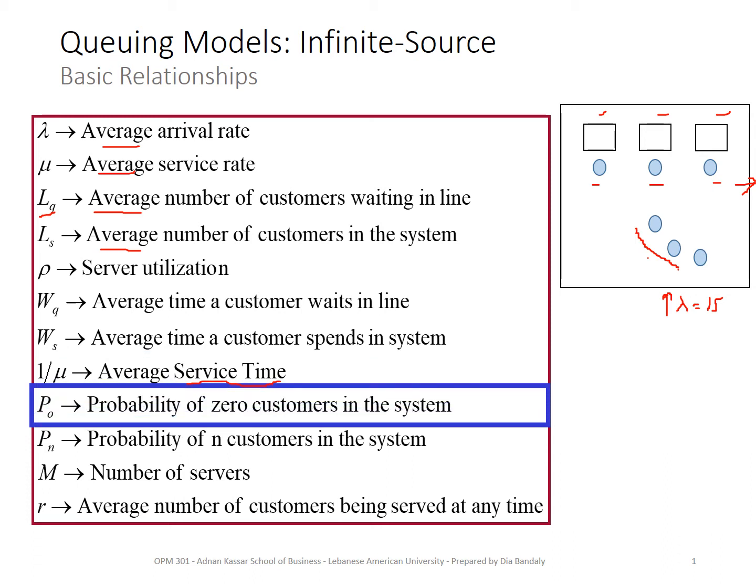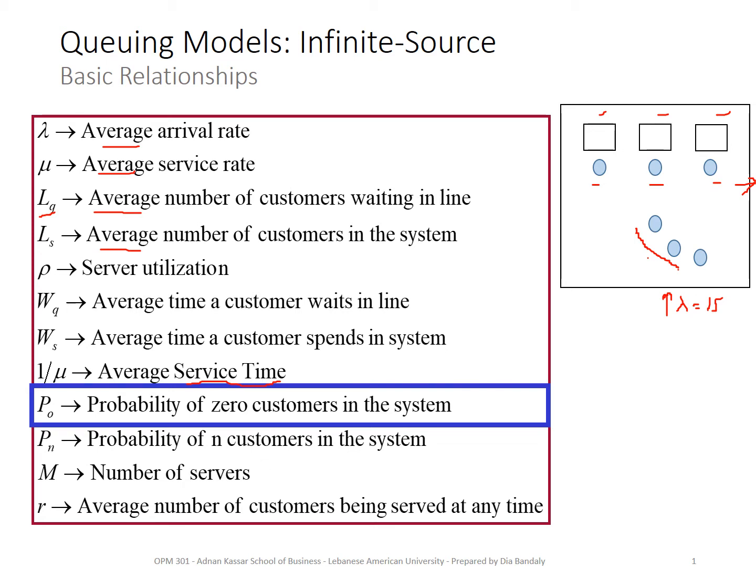P0, remember we said that we're going to use the notation Pn, and we pay specific attention to the case where n equals 0. That's why we have that P0. It's the probability of 0 customers in the system. In all the probability statements that we have in waiting lines, it measures the probability that we have 0 customers or n customers in the system.